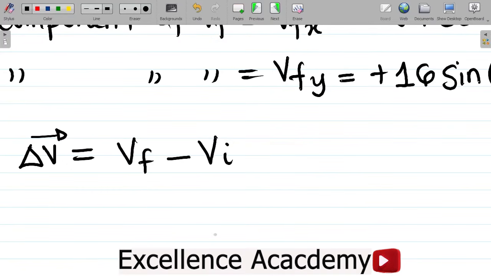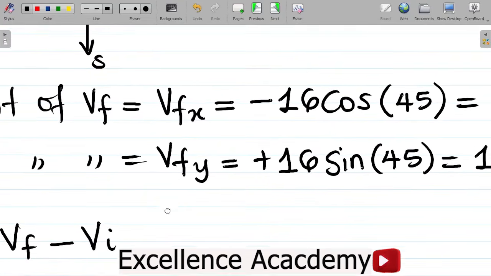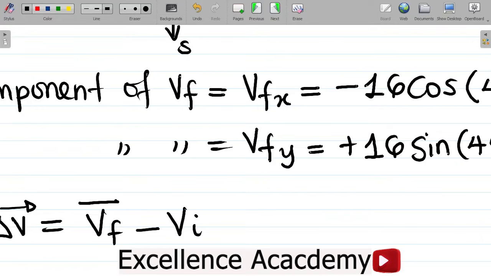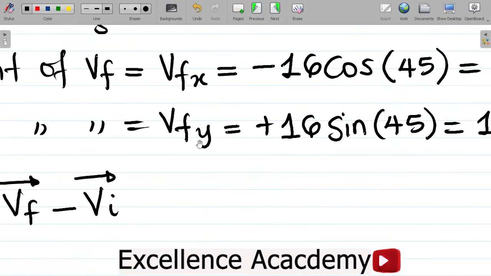What's the value of VF? Don't forget that VF has two values: VF of x and VF of y.